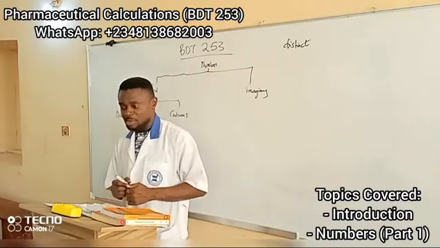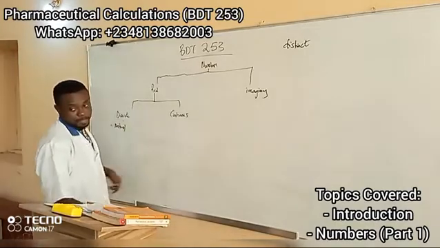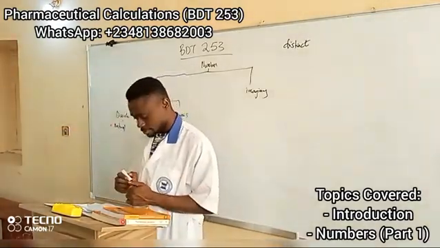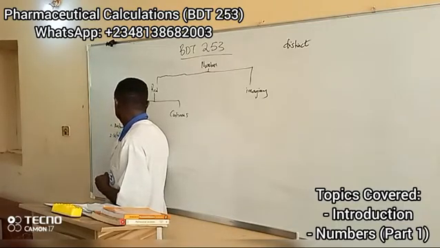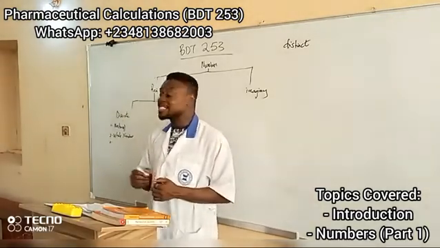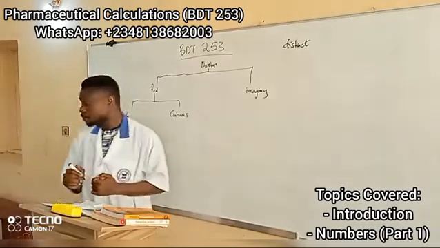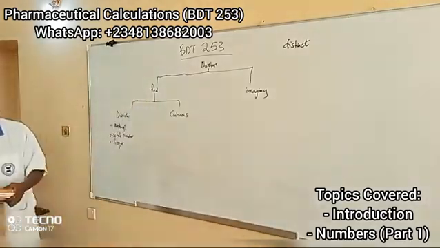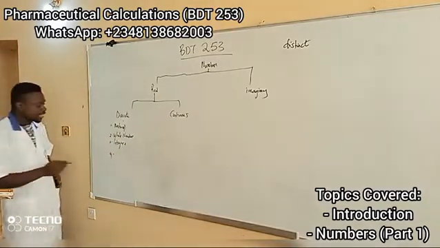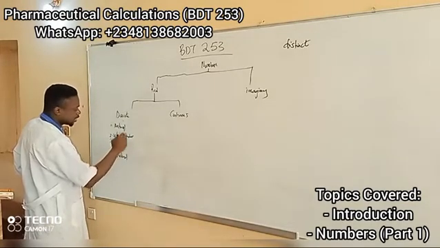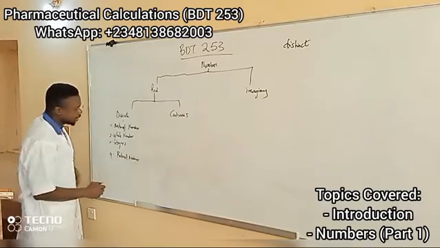Under these discrete numbers, we have natural numbers, whole numbers, integers, and then rational numbers.